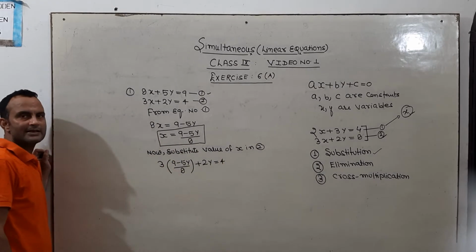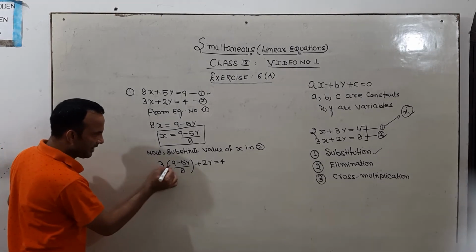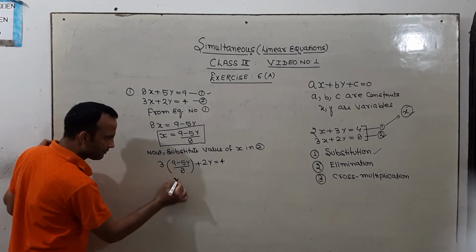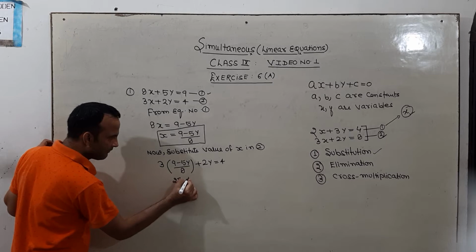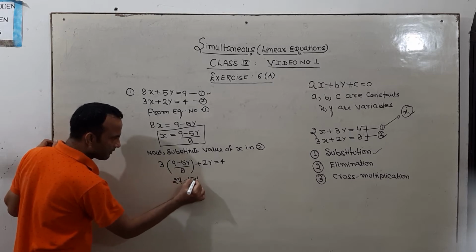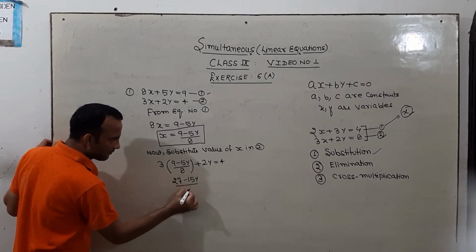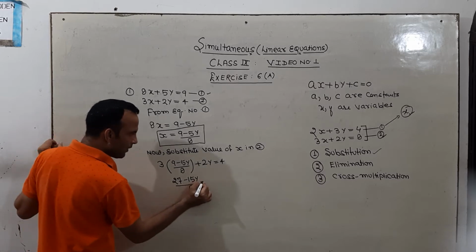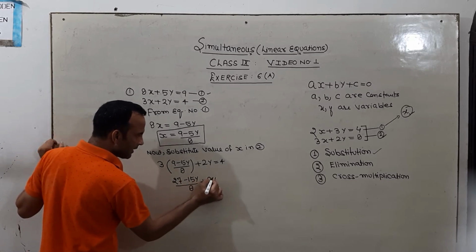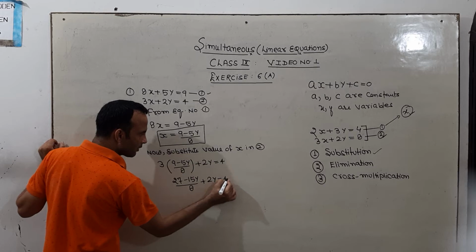Now simplify this expression. 3 9s are 27, 3 5s are 15, upon 8, plus 2y is equal to 4. Okay?